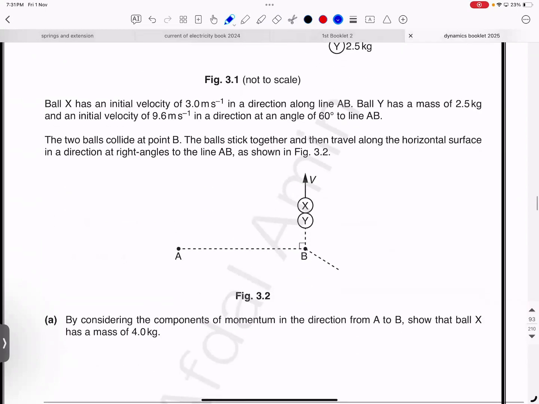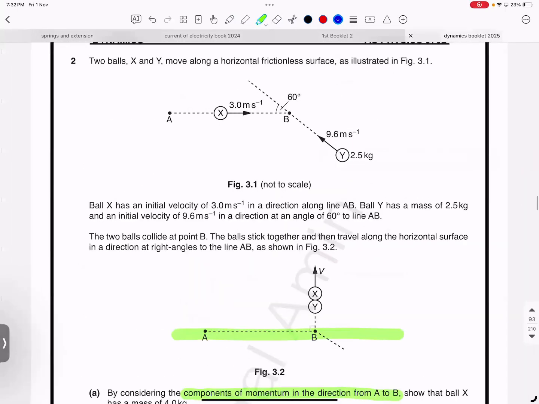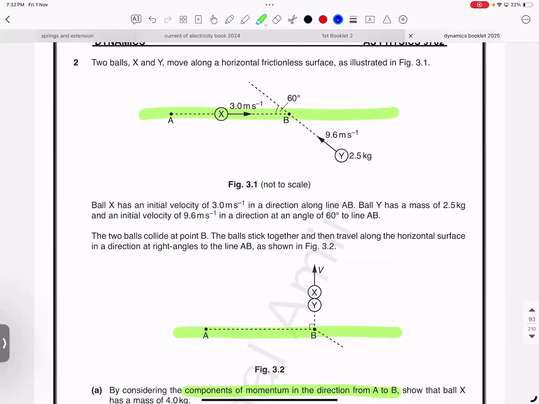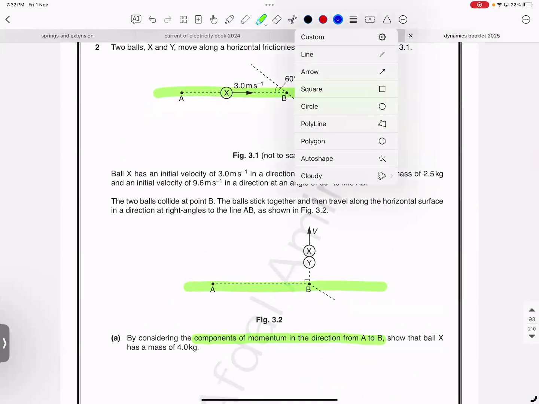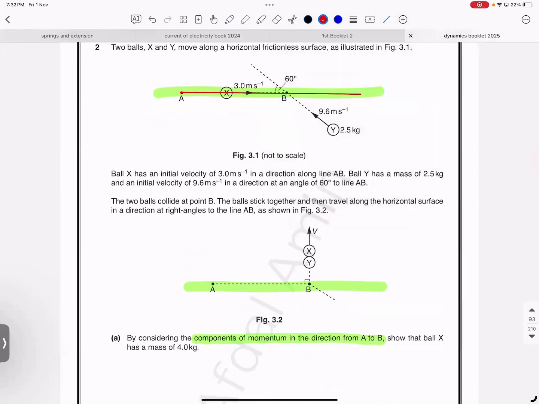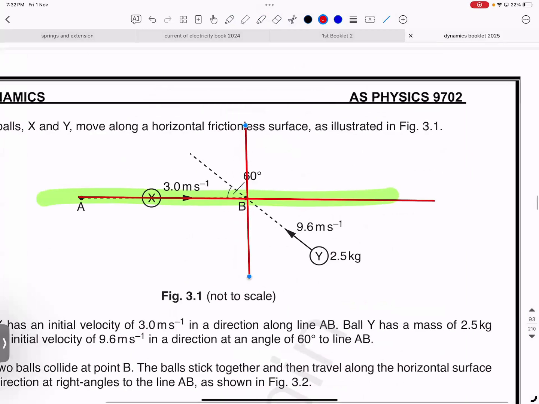After collision, they both move in a direction perpendicular to AB. Now here is the hint, considering the components of momentum in the direction of AB. Although I want only AB, I will still resolve completely in both cases. Dear students, X direction is already there.